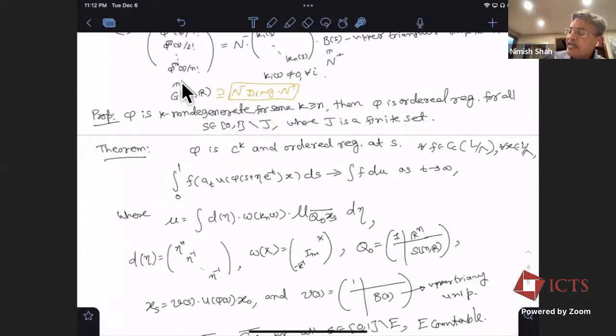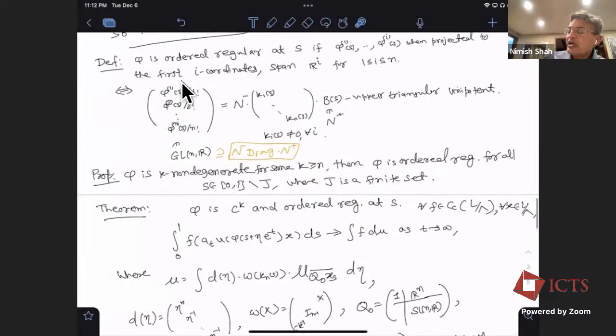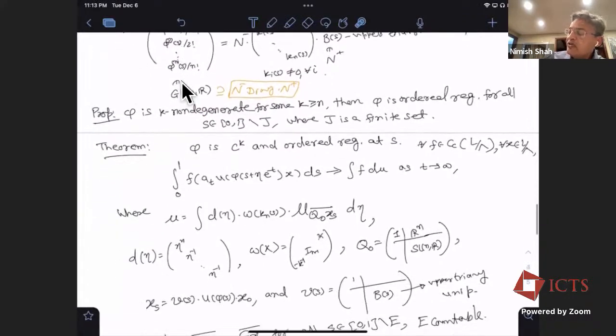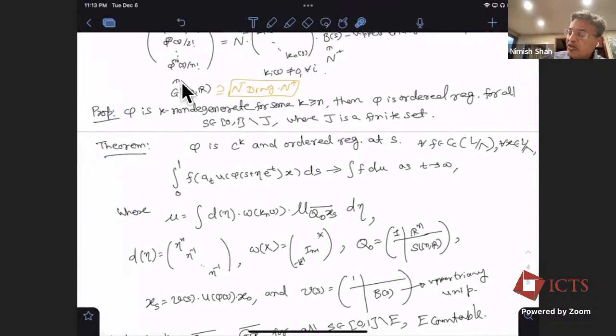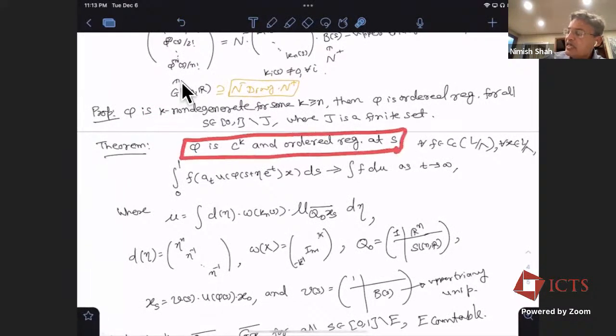So except for finitely many points, it's going to be ordered regular. As soon as it is k non-degenerate, and k may be very large, you only have to throw away finitely many points. That's a very nice fact. So essentially we can assume that at every point s it is ordered regular. I'm going to assume that phi is C^k and ordered regular at s.